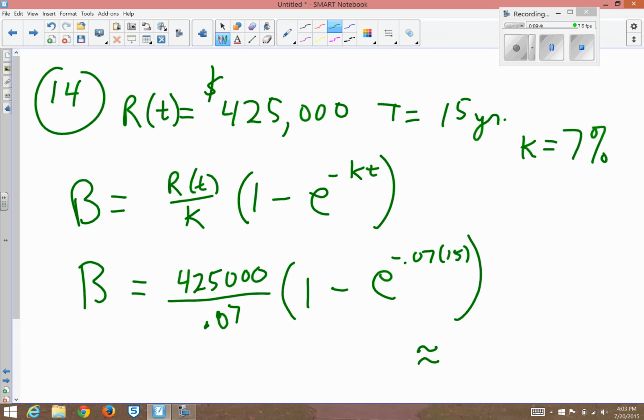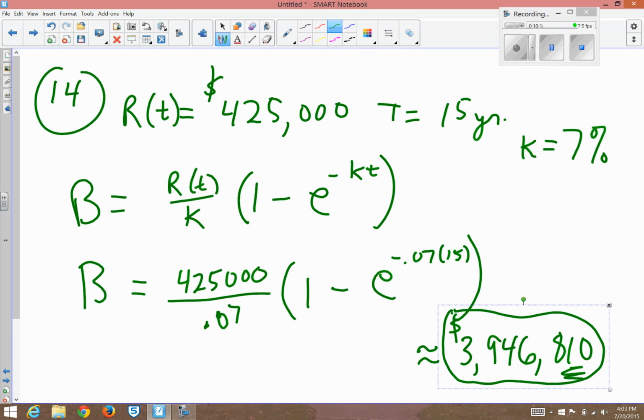Round to the nearest multiple of 10. That's $3,946,810. Answer is a multiple of 10. So this section is just four formulas. Plug the correct numbers into the correct formulas and calculate with a calculator.